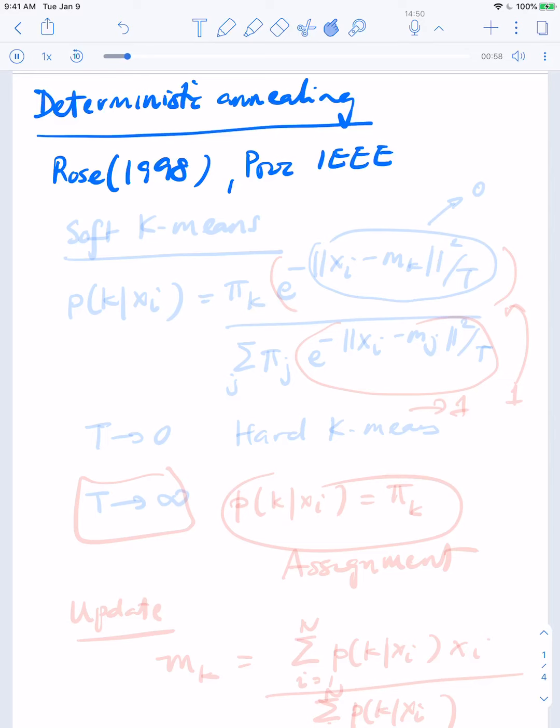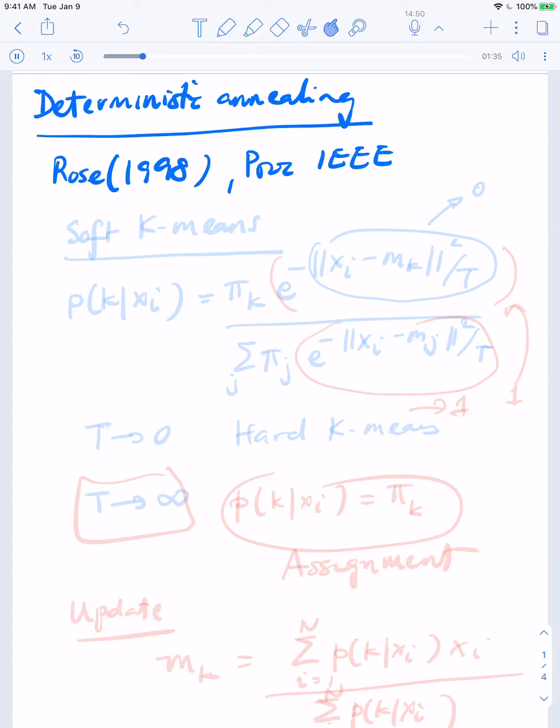And of course, you can try different random initializations and pick the best, or you can take a smart initialization like k-means++, and you'll get answers of different levels of goodness relative to the best possible answer. Now, what deterministic annealing tries to do is, it starts from a place where we know that the answer is uncontroversially right, and it slowly makes the problem harder in a way that it's likely that we don't get trapped in bad local minima.